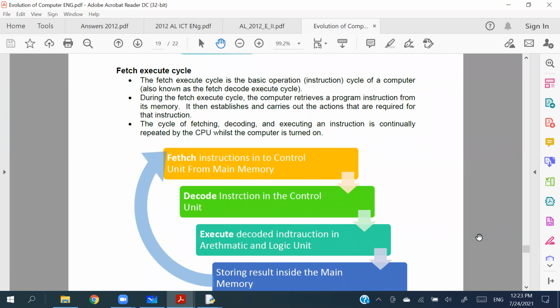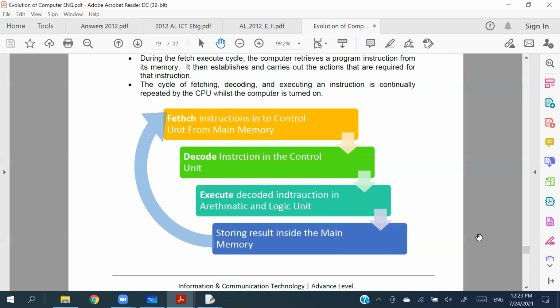Fetching means taking, right? So in the fetch execute cycle, it simply explains this. Now, when it comes to computer architecture, this is a huge explanation related to a lot of registers and all these things. But in our syllabus, we explain it in a very simple manner.